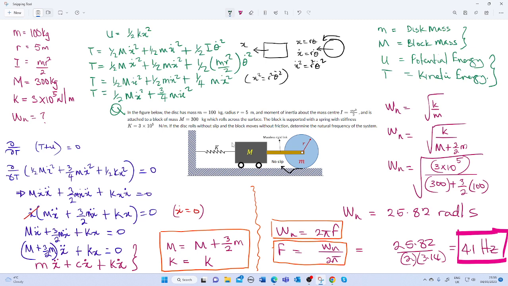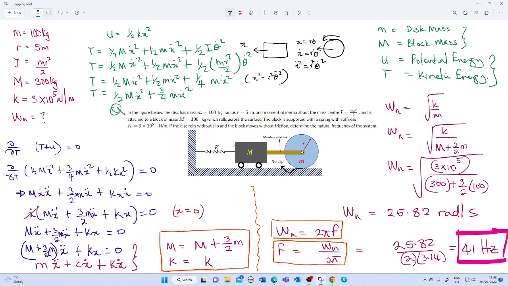In the figure below, a disk has mass m equals 100 kg and radius r equals 5 meters, and the moment of inertia about the mass of this particular disk, I, equals mr squared over 2, and is attached to a block of mass 300 kg, which rolls across the surface.